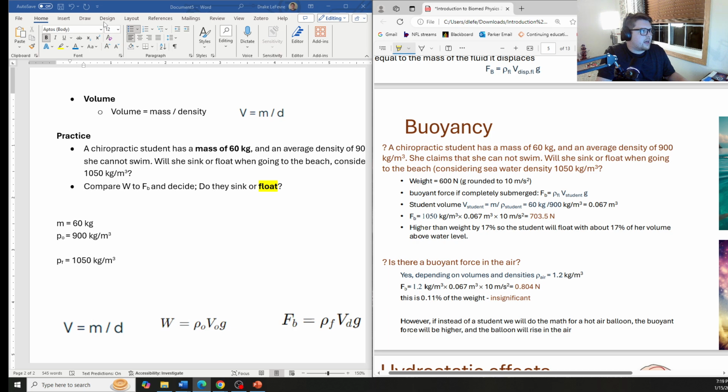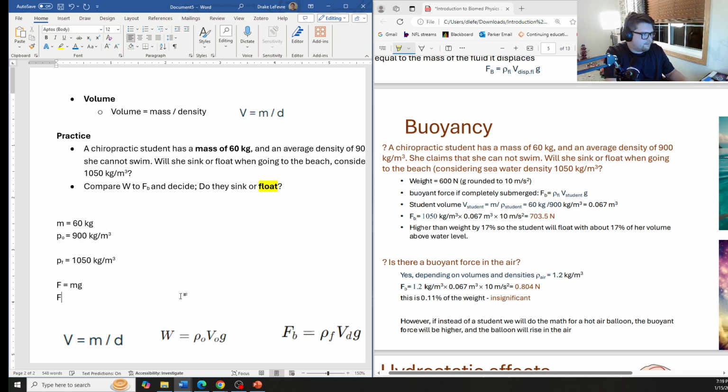The way that she got that was force equals mass times acceleration, in this case acceleration being gravity. So that was 60 multiplied by our gravity constant. They use 10. That equals 600.